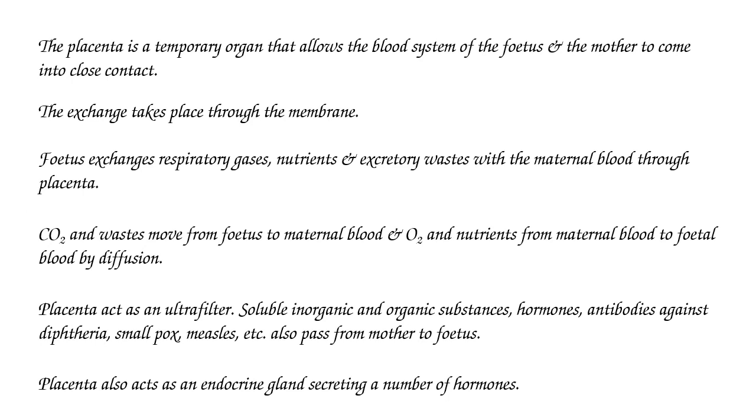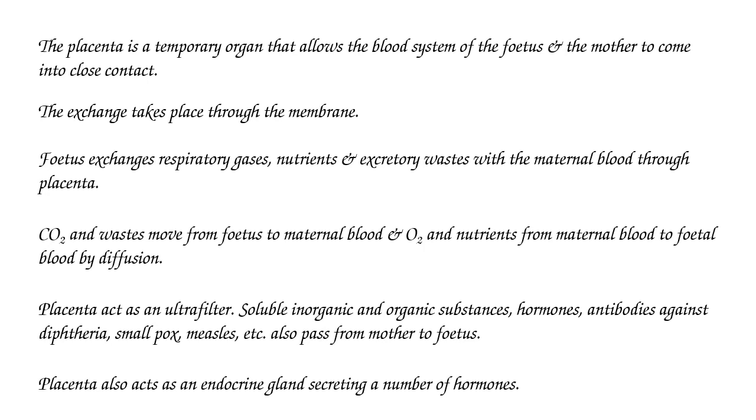The fetus exchanges respiratory gases, carbon dioxide and oxygen, nutrients, and excretory wastes with the maternal blood through the placenta. Carbon dioxide and waste move from the fetus to the maternal blood. Oxygen and nutrients move from maternal blood to fetal blood by diffusion.